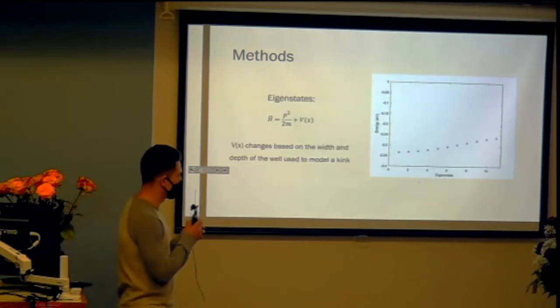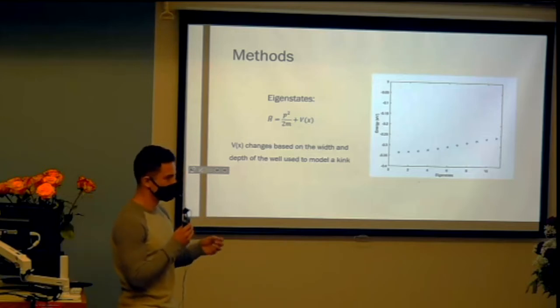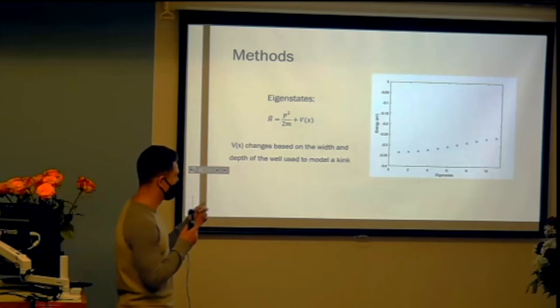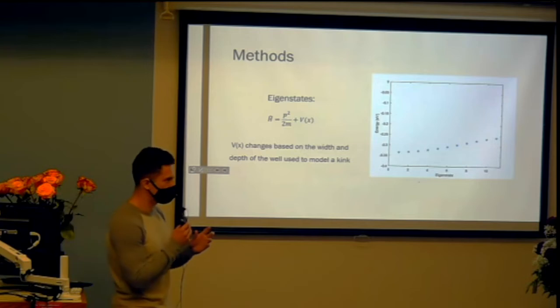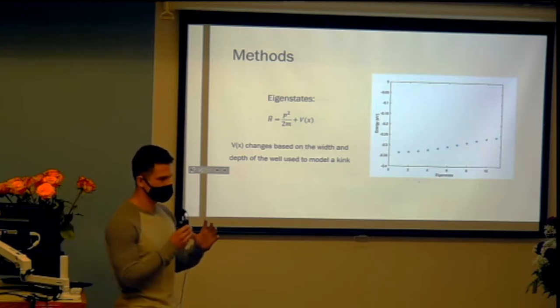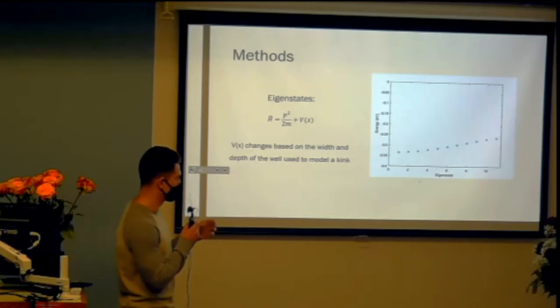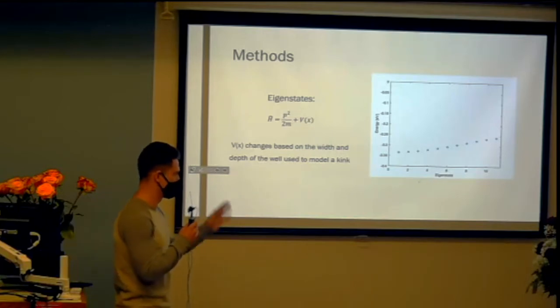And the second thing we'll look at is eigenstates and energies using the Hamiltonian, where Vx is the potential on the system. In the kink polymer model, Vx will change based on how wide or how deep the kink is modeled as. This figure is just an example of a test run with eigenstates and their energies.